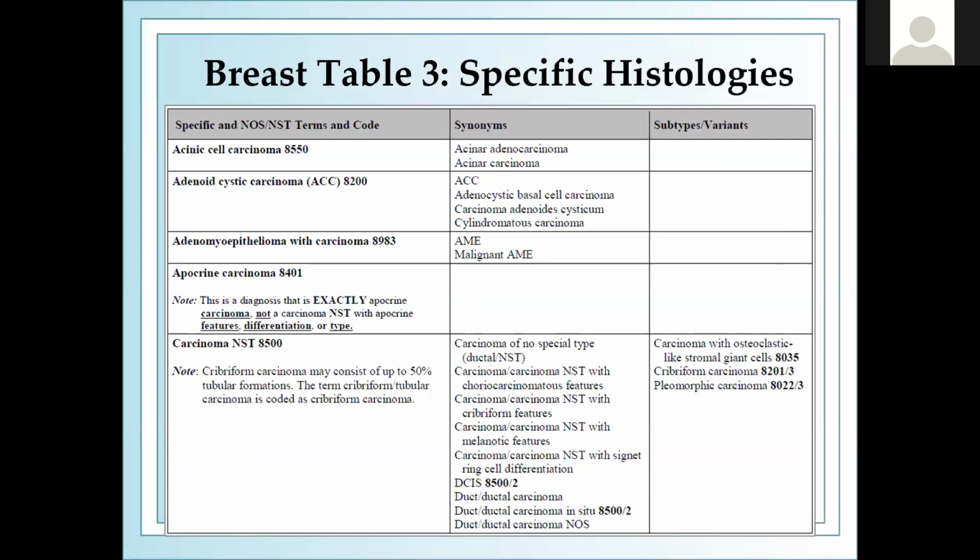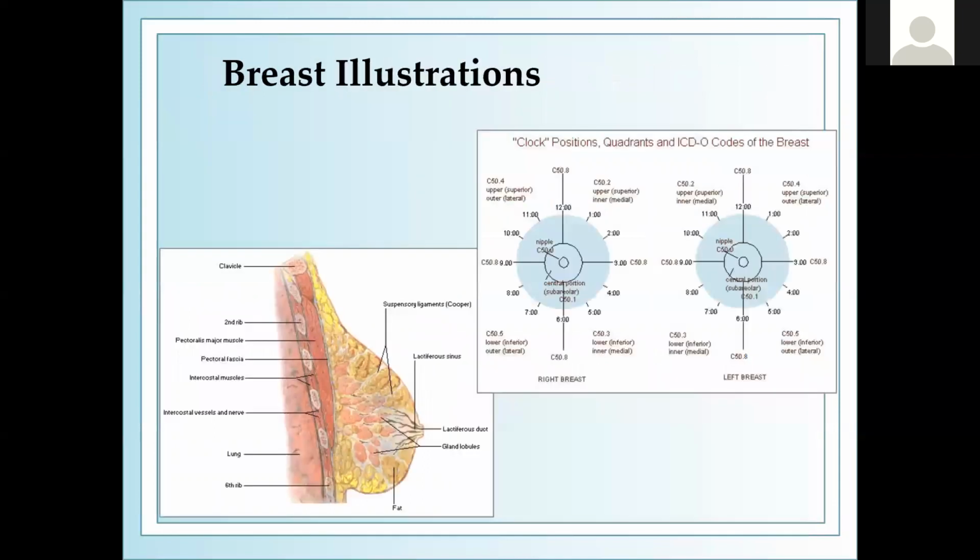These are more specific types of that NOS or NST term, okay? So if what our patient's histology is listed in the third column exactly as written, then that is the code we would assign. As you can see, they're telling us the code to assign for that abstract, so we would not have to use the ICDO manual in some of these cases.